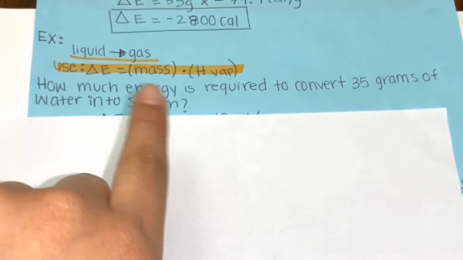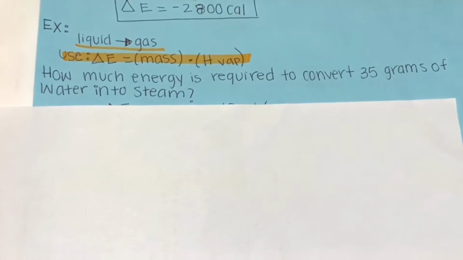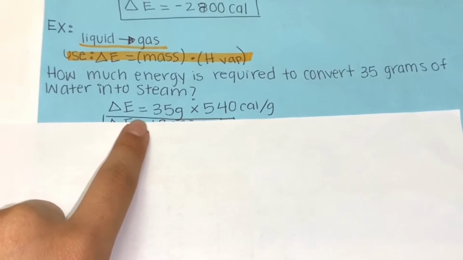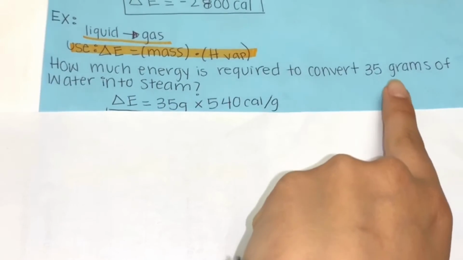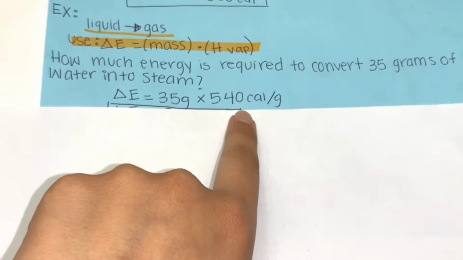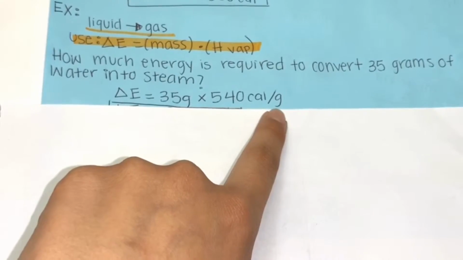So we're going to be using this equation right here, and we will begin by doing this. Change in energy equals 35 grams, which was given to us, times 540 calories per gram.